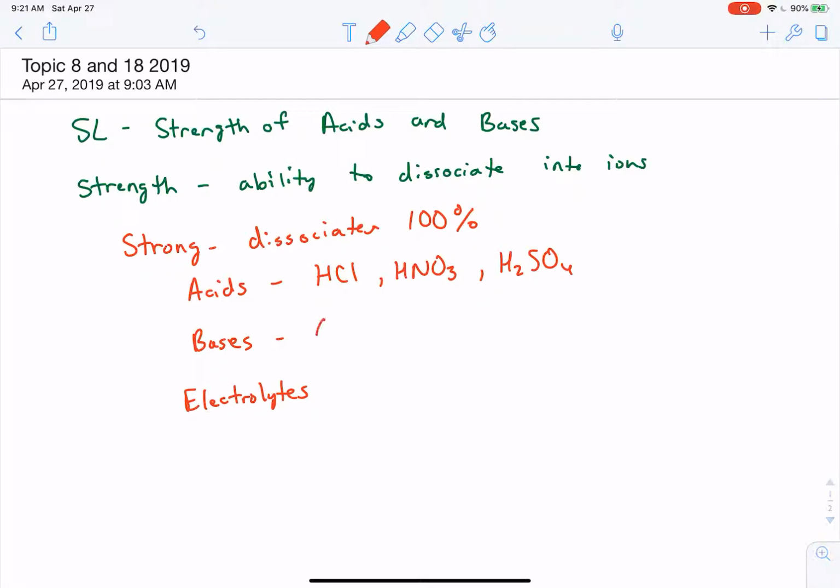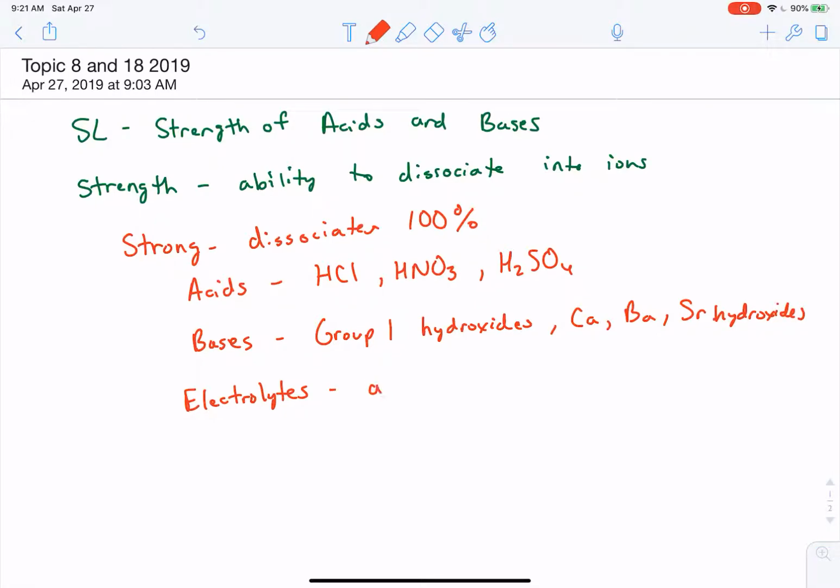Bases, for the most part, group 1 hydroxides, and some of the bigger group 2 ones. So, know those because you need to understand that they dissociate 100%.